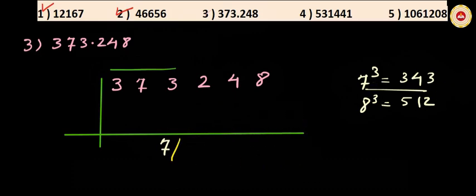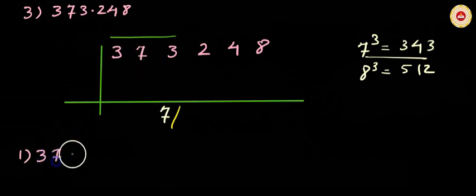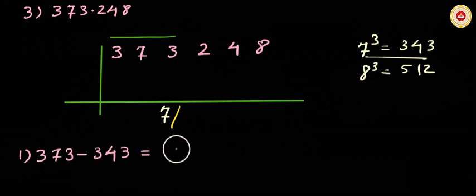Let us separate this now from this area, where we are going to write quotient digits. Now first step is subtract cube of first leftmost digit of cube root from left group. 373 minus, what is cube of 7? 343, which gives us 3 minus 3, 0, 7 minus 4, 3, 3 minus 3, 0.